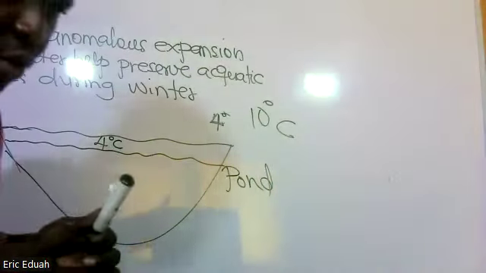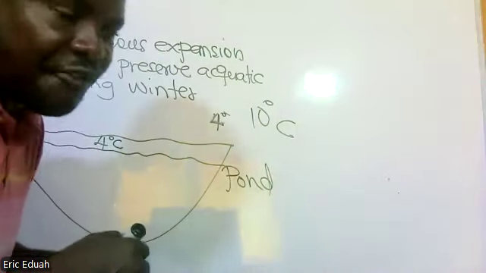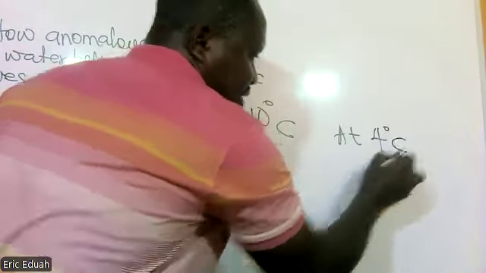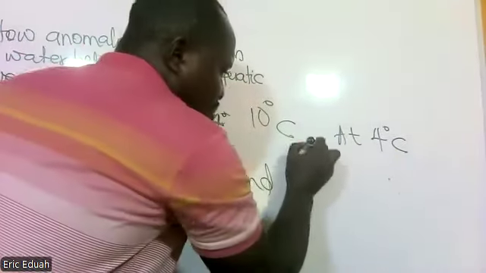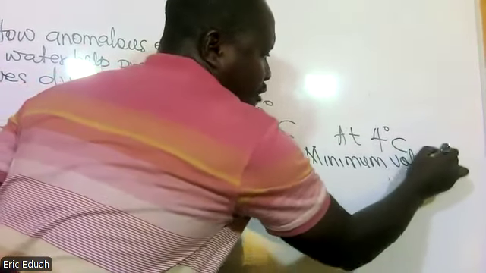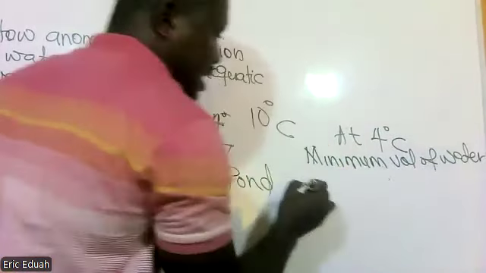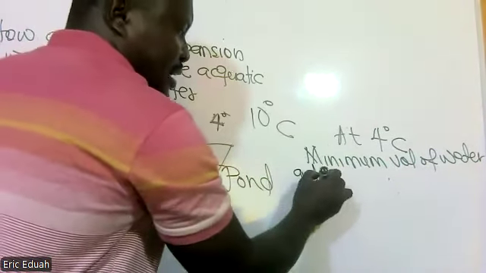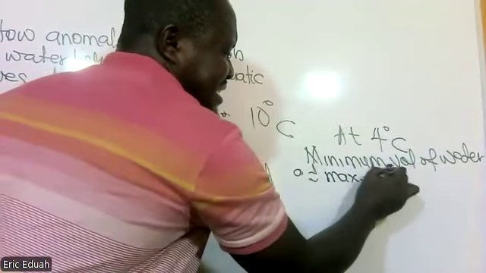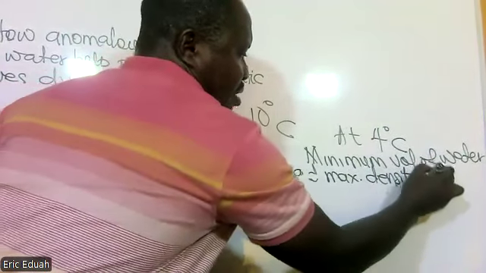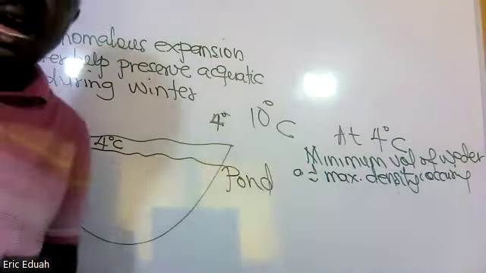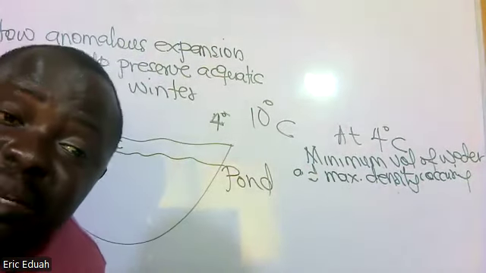Now at 4 degrees Celsius, we have the minimum volume of water occurring, and we have the maximum density occurring. So at 4 degrees Celsius, we have the maximum density of water.